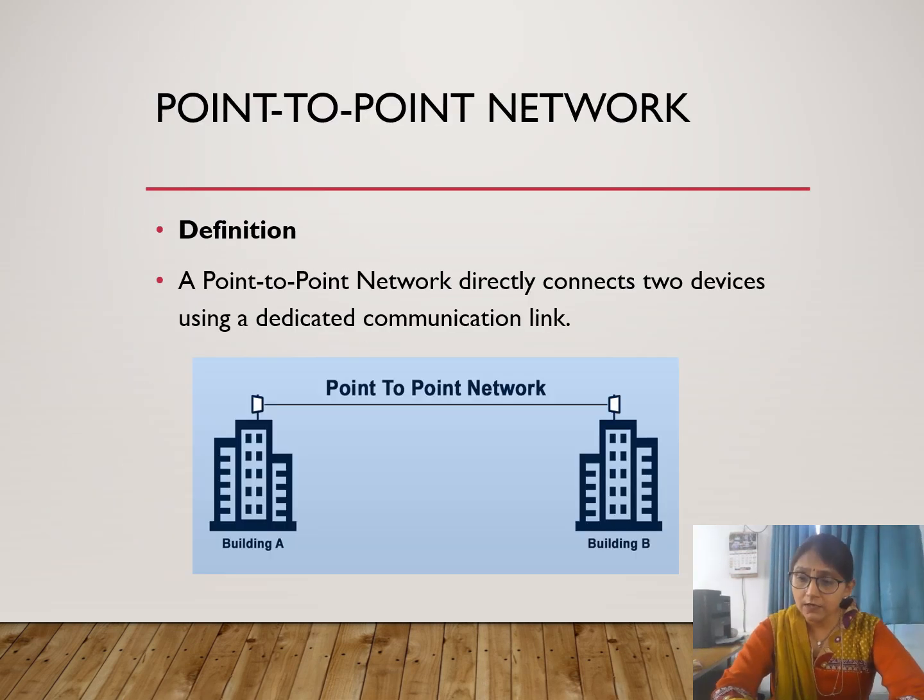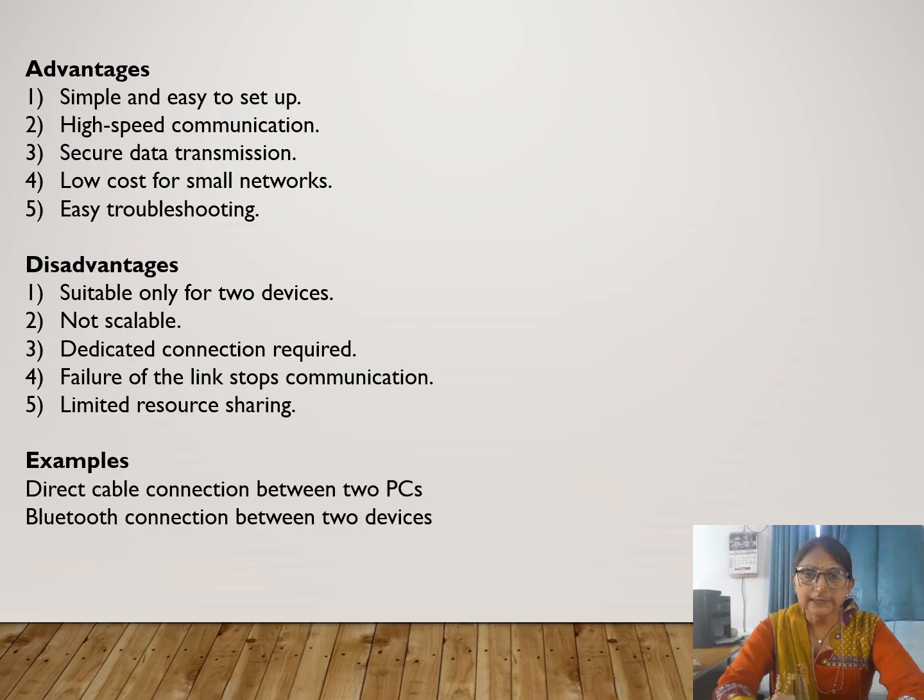Now in the next slide we can see the point to point network. It is directly connected to two devices. That means one system can share or communicate data with the other system using a dedicated link. These are the advantages: simple and easy setup, because directly we can provide a separate link from one system to another system.